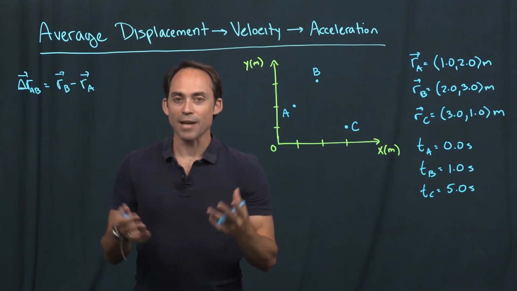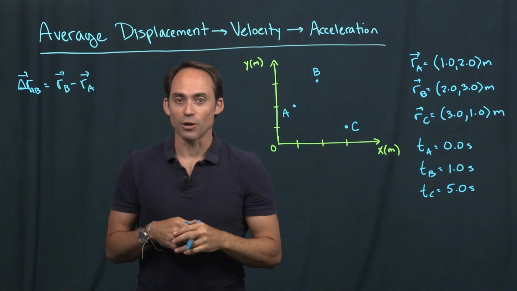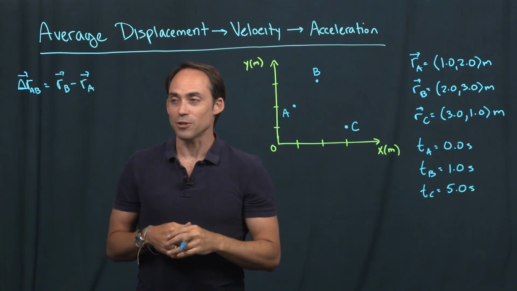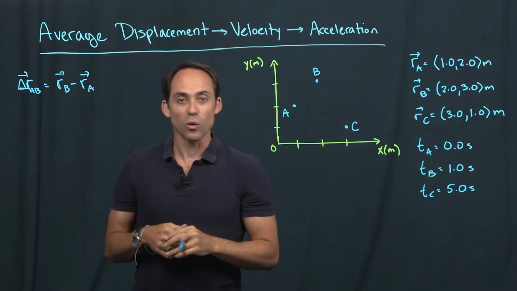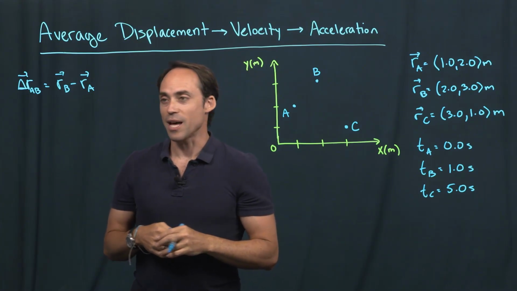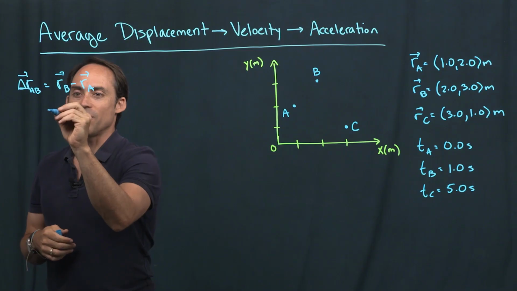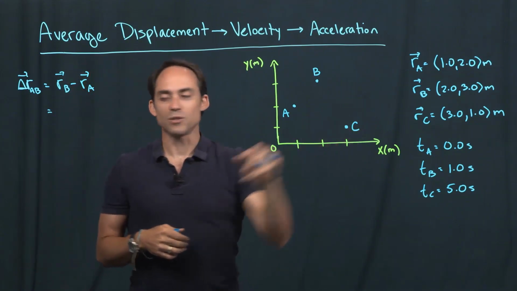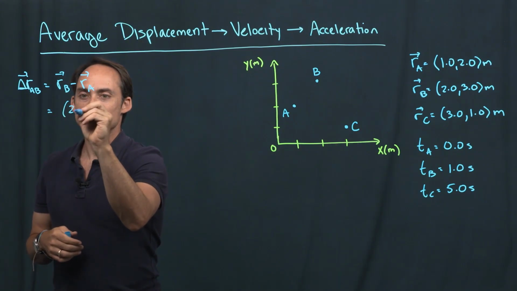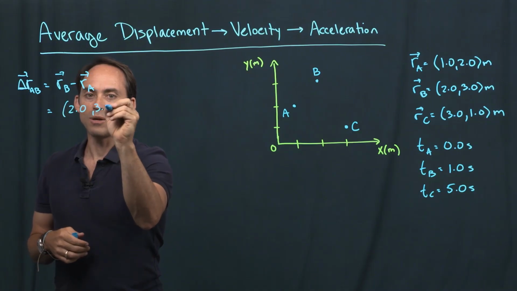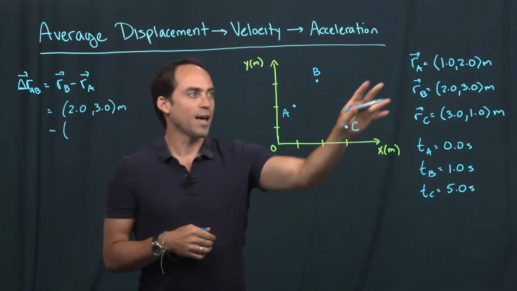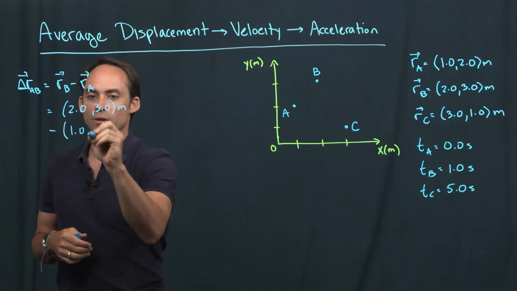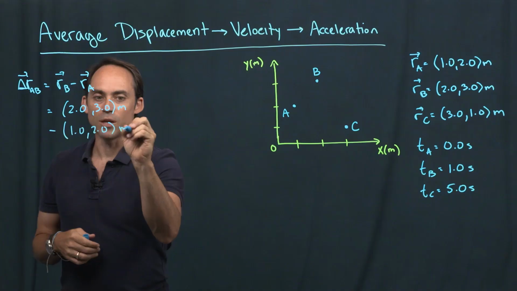And if we go back to our best practices for how we add and subtract vectors, one of the good ways of doing this is to write this down coordinate by coordinate and do the math in that direction. So if I write down these coordinates, I'll start with B, and that's 2.0 and 3.0 meters, and I'm subtracting off A, which is 1.0 and 2.0 meters.